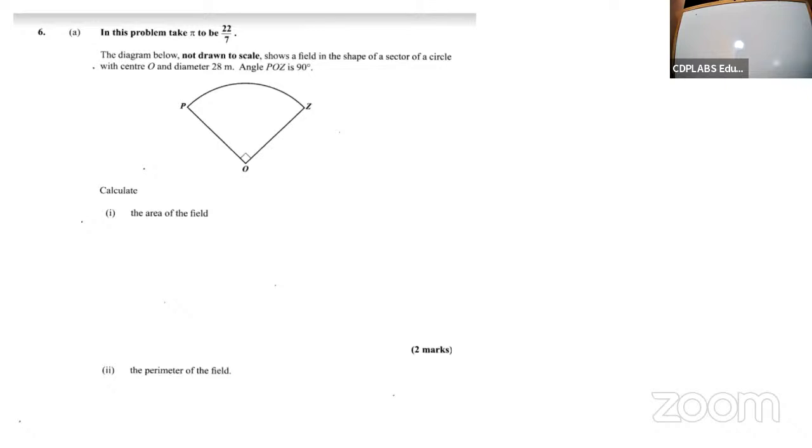Angle POZ is 90 degrees. So they are telling you the name of the shape. It is a sector of a circle.